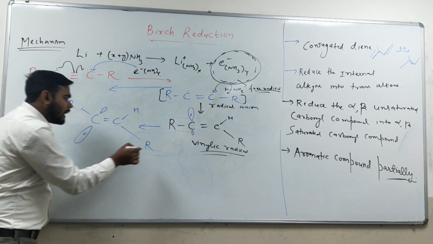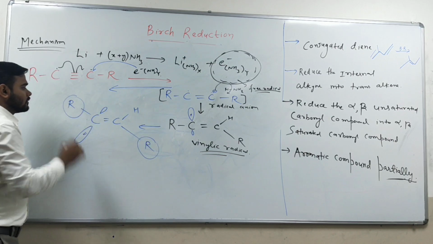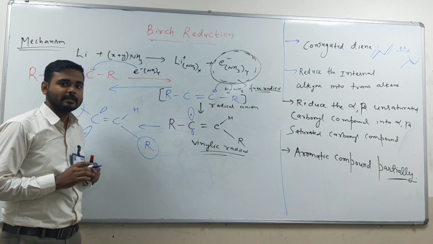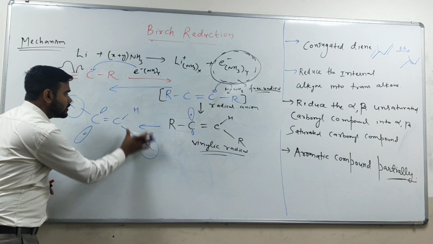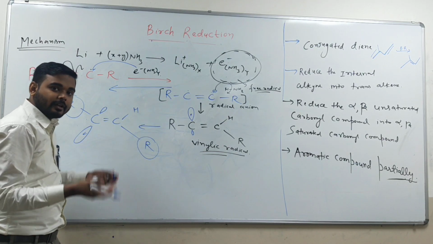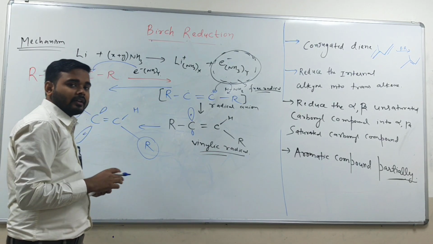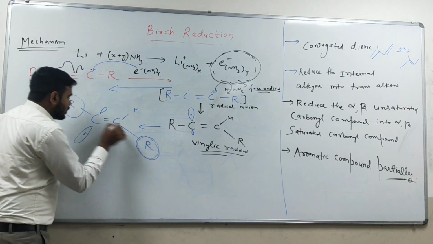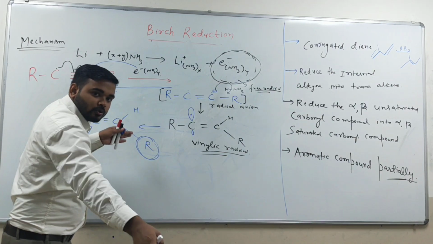Look, your alkyl groups will be in the trans position. Why? To minimize the steric, van der Waals repulsion between the two groups. If you put these two groups on the same side, then a steric repulsion will be created, and you will get a very unstable product. So to minimize the steric repulsion, these two alkyl groups will be in opposite directions.